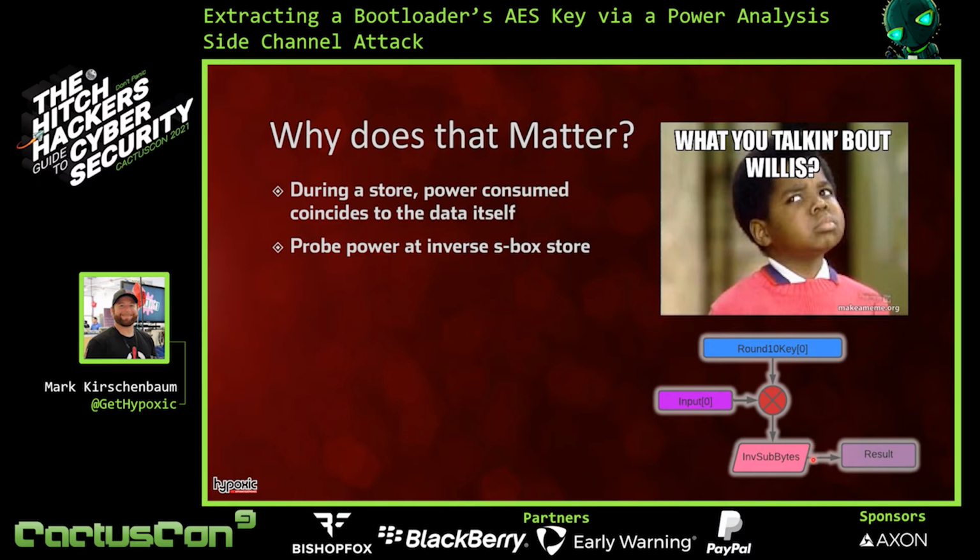We're going to take that power usage and then convert it into one of 9 Hamming weight buckets. Okay, and this is going to tell us a little bit about this information. Now we have some quantifiable information about the data that came out of this substitution byte block.